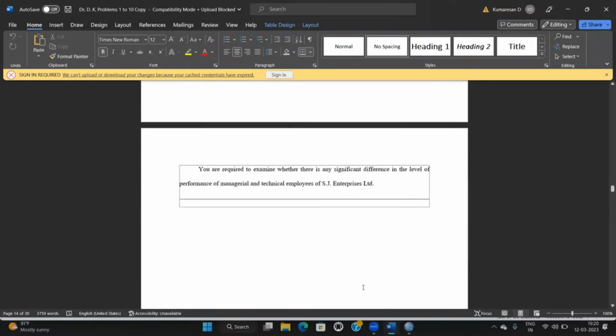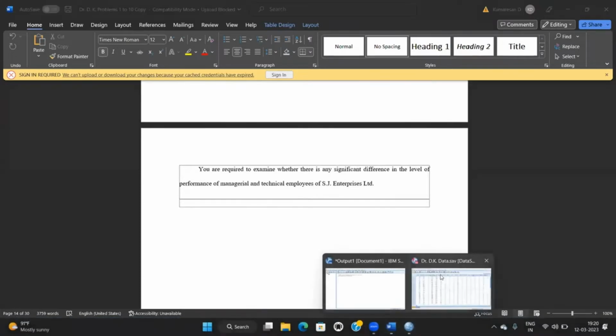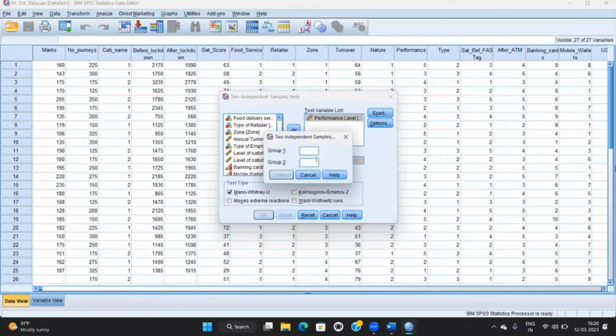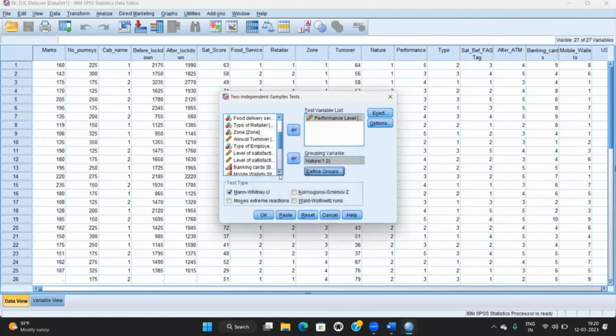So the test variable is performance level and the grouping variable is nature of job. So we have to define groups. How many groups are there? Only 2 groups. So group 1, 1, group 2, 2. Then click Continue. See, Mann-Whitney U test is selected by default. So you just click OK.